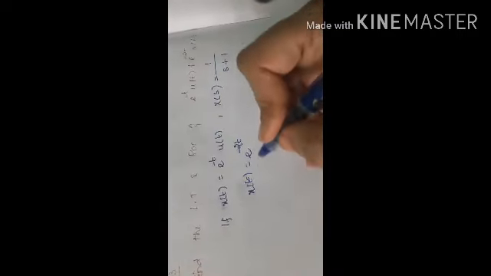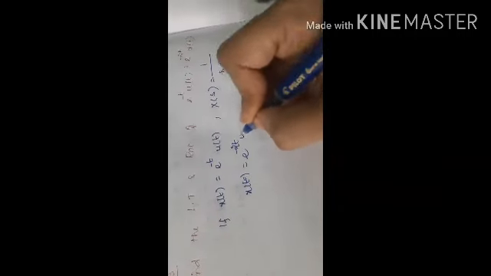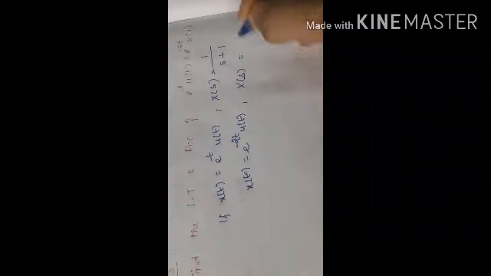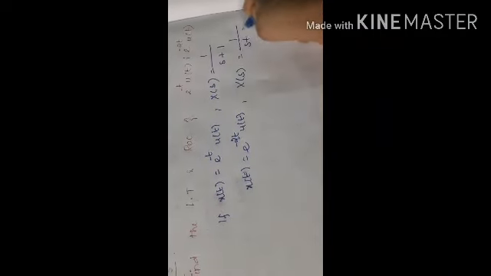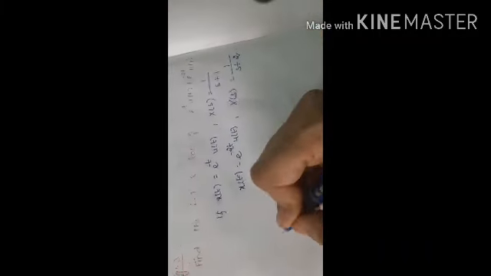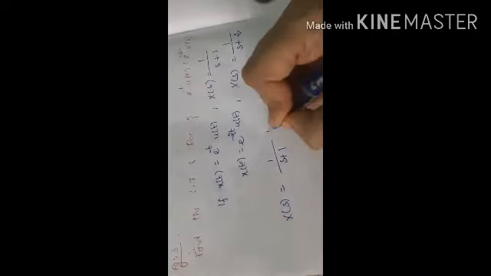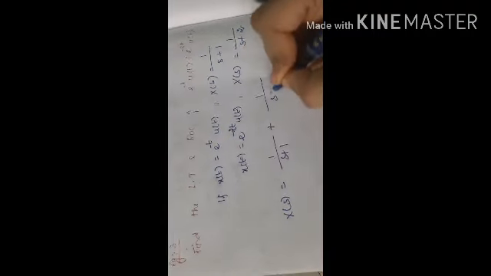If x of t is equal to e power minus 2t u of t, then x of s will be 1 by s plus 2. Now we have to add these two values. This is our final x of s. X of s is equal to 1 by s plus 1 plus 1 by s plus 2.